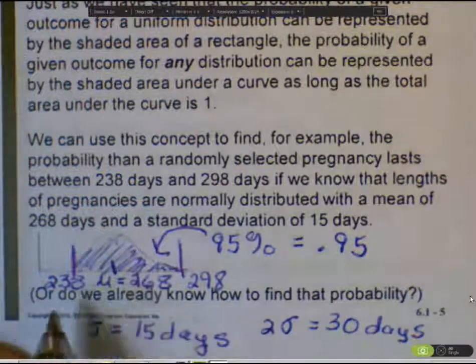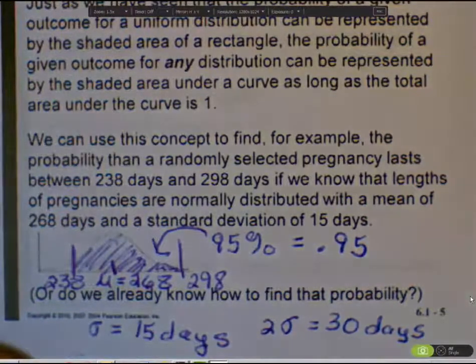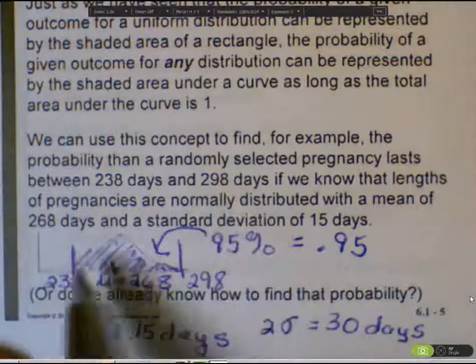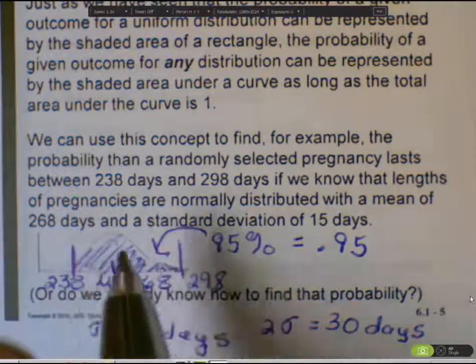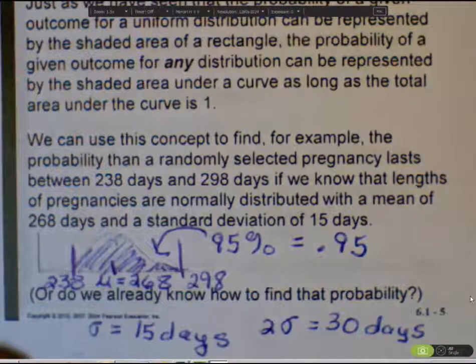What if we weren't talking about exactly 2 standard deviations? The empirical rule would even give us the probability for 1 standard deviation or 3 standard deviations. But what if we wanted the probability of something being, let's say, 0.736 standard deviations from the mean? How would we find that? Well, that's the task of the day.